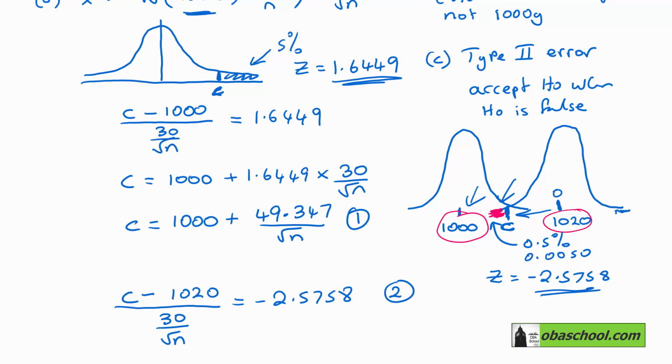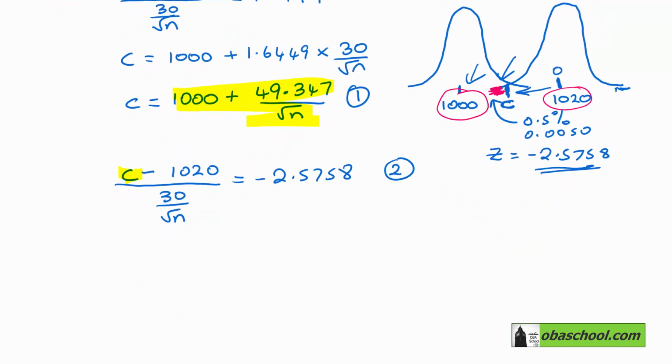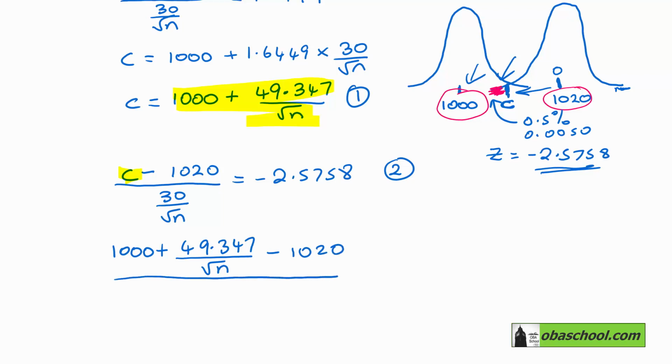So what I can do is replace the c here with the stuff from equation 1. So let's put all of that in, and we get 1000 plus 49.347 over root n, take away 1020 all over 30 over root n is equal to negative 2.5758.